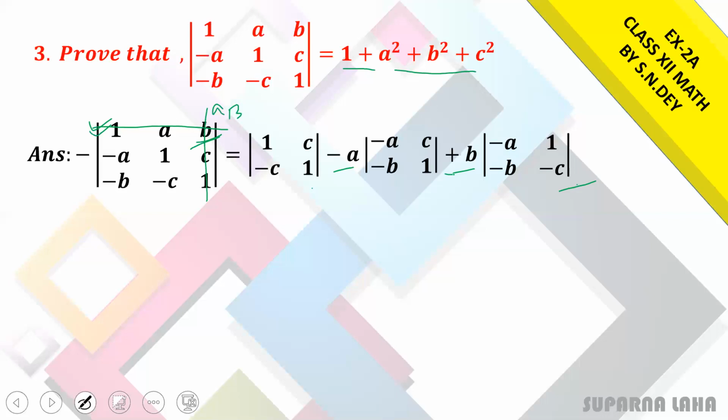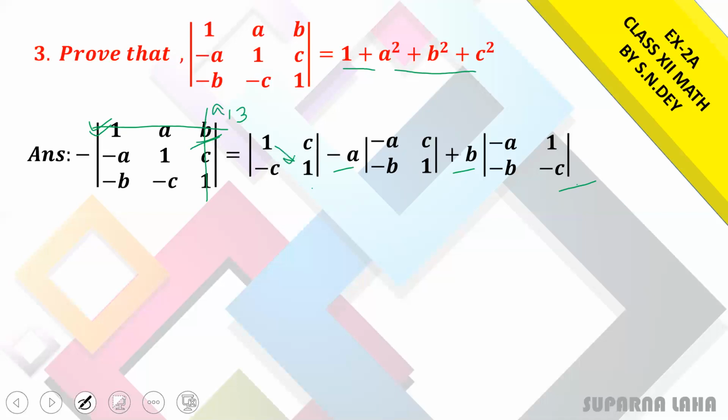I hope you remember how to choose the sign of an element whenever we are breaking a determinant. Whenever we talk about minors and cofactors, you can go and watch that video also, on how to choose the sign of these elements.